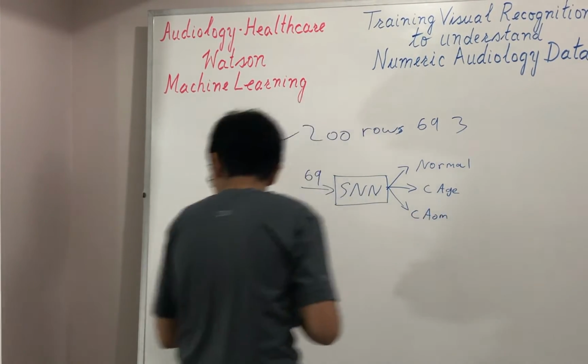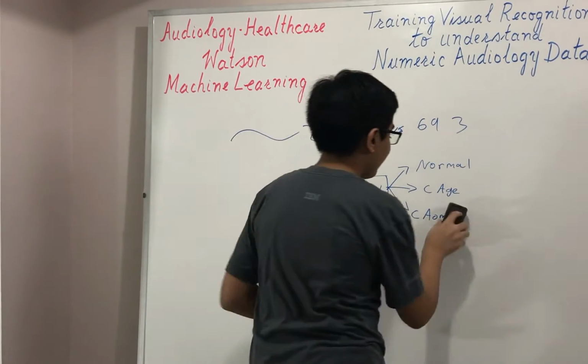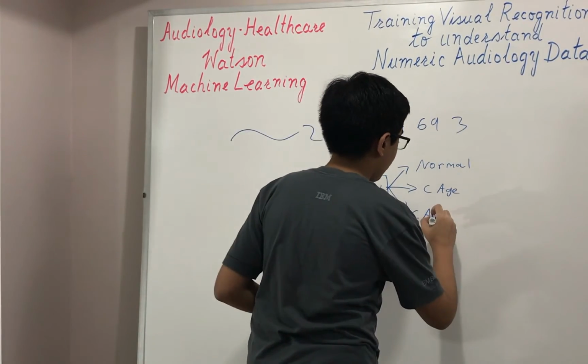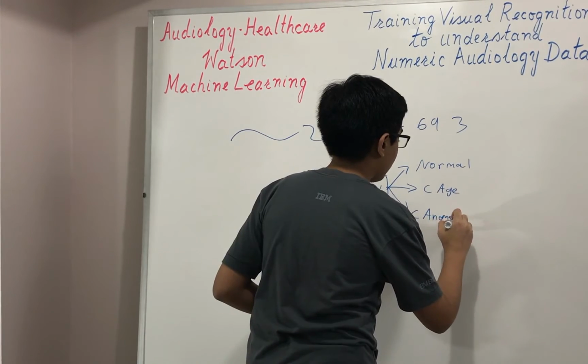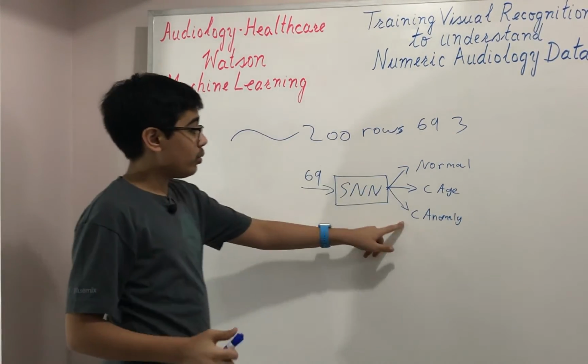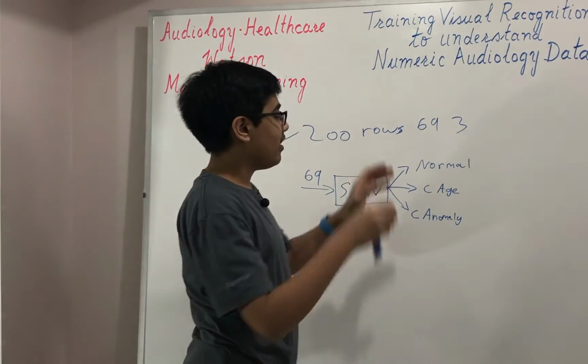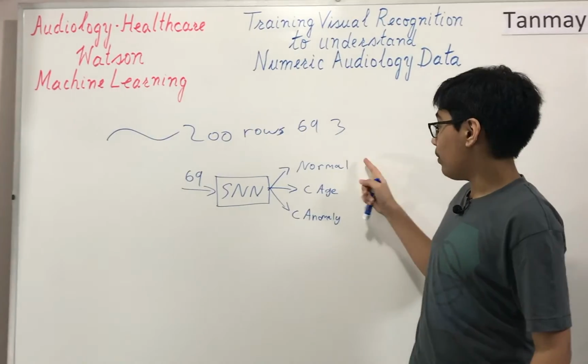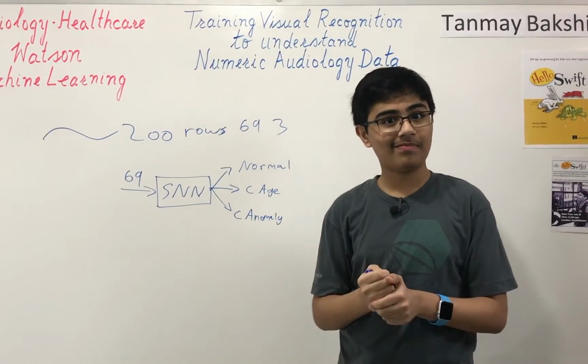So that's basically what we fed into our neural network, and that's what it gave us as output. We would feed in around 69 attributes of a person, and it would output 3 probability values: 2 for different types of hearing disorders and 1 for a normal ear.